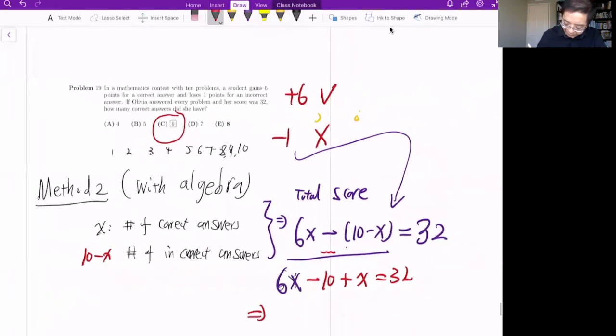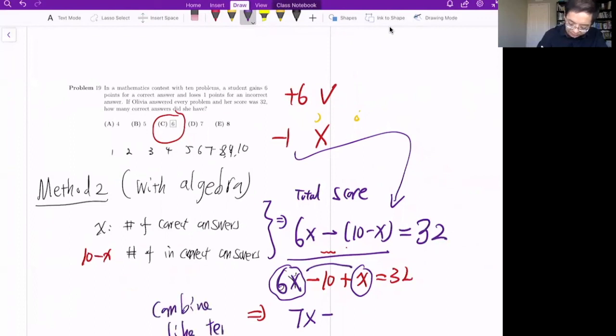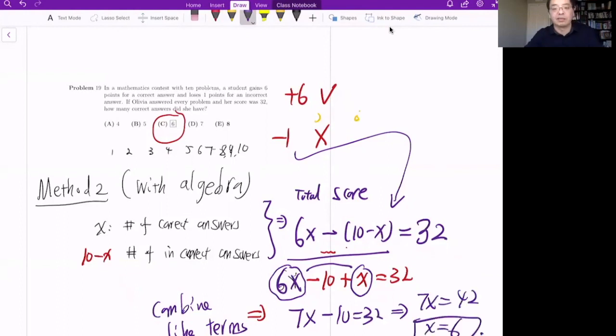So then I combine like terms. I have 6x and this x, so I get 7x, right? So then I get 7x minus 10 equals 32. So this implies 7x equals 42, so x equals 6. We get the same answer.